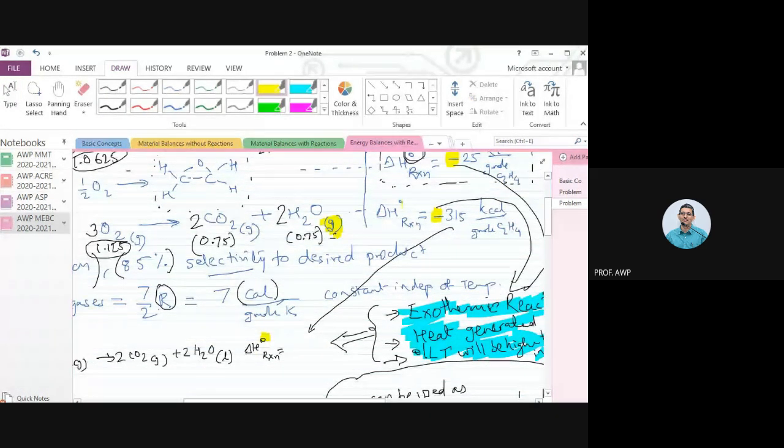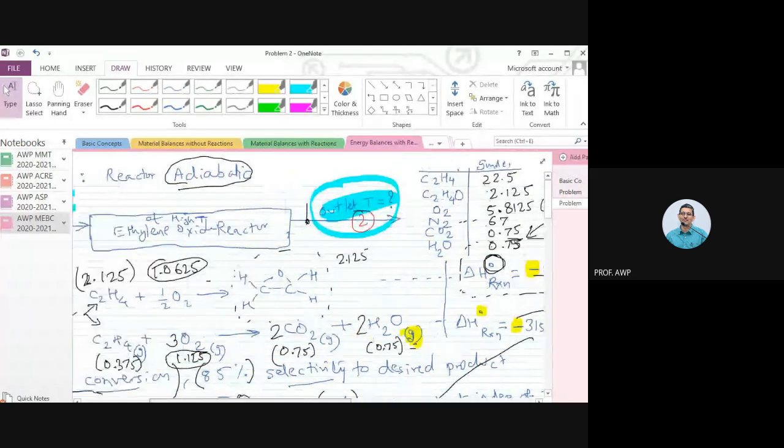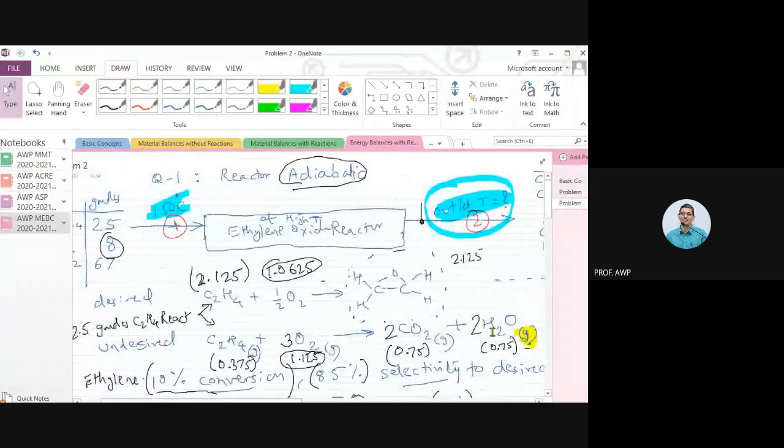So this delta H0 we have written, but it is not accurate delta H0 unless I say that water is not condensing anywhere in this reactor. Water is always there in the gas state in this process. Nowhere is the water going to come into liquid form.